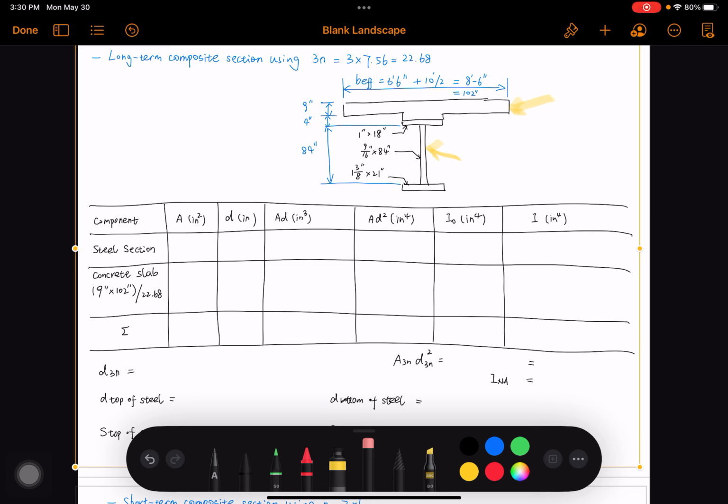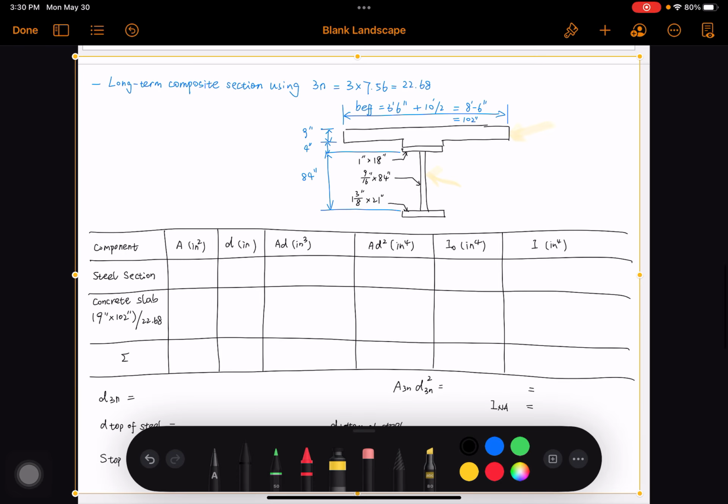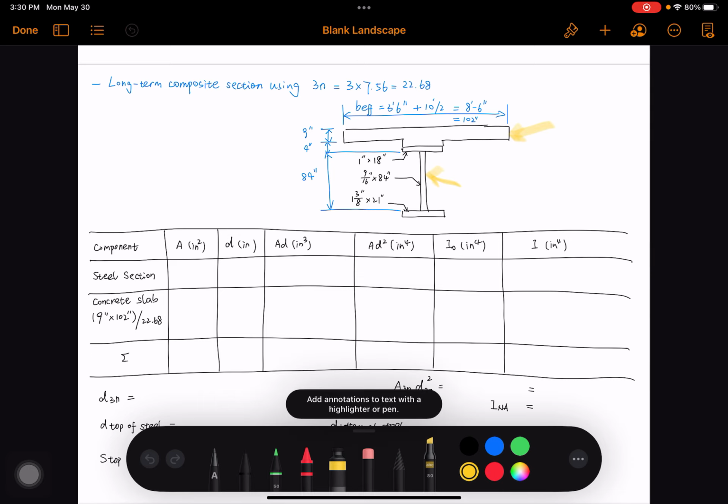This is simply calculated based on the tributary area of the concrete deck. Now come back to the table, similar as before, but now the components become the steel section, which we already calculated previously, and the concrete slab. Remember, this is long term using 3N.